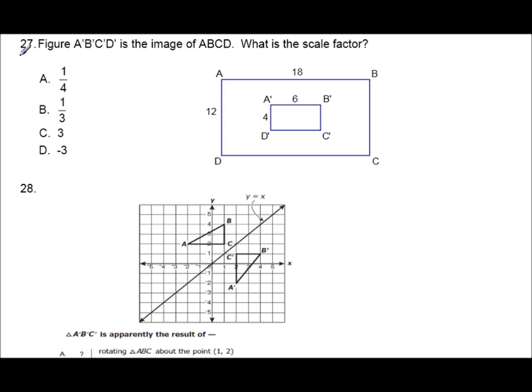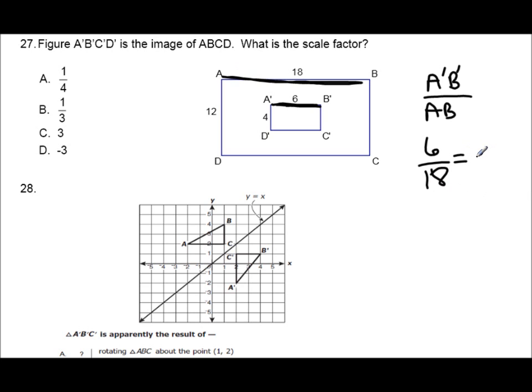Okay, number 27, to determine the scale factor, remember we take the image side length, A prime B prime, and divide it by the pre-image side length, AB. So you just take the image's side length of 6 divided by the pre-image's original side length of 18.